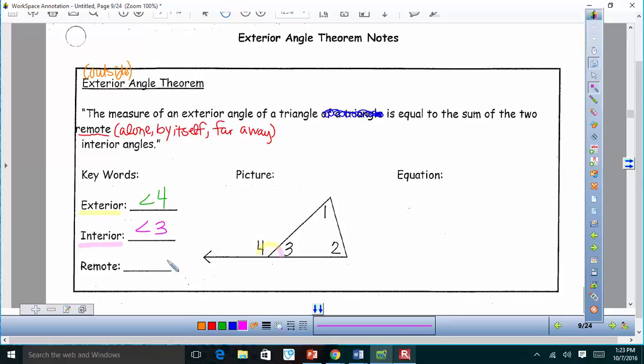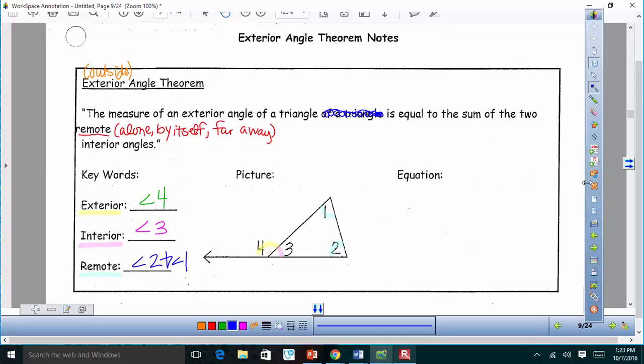Okay, then our remote are the ones furthest away from that exterior angle. So here, our remote angles are 1 and 2 because they're the furthest away from this exterior angle. Does that make sense? Are you always going to have 2 remote? You will always have 2 remote. So this one would be angle 2 and angle 1.